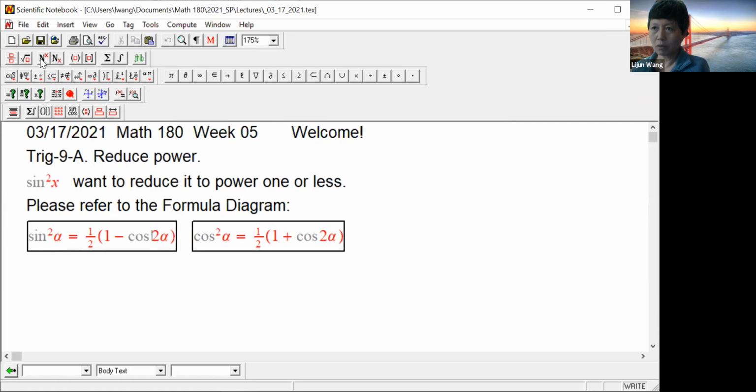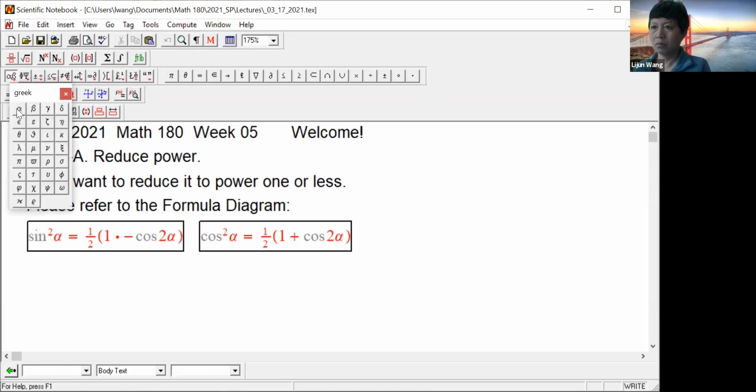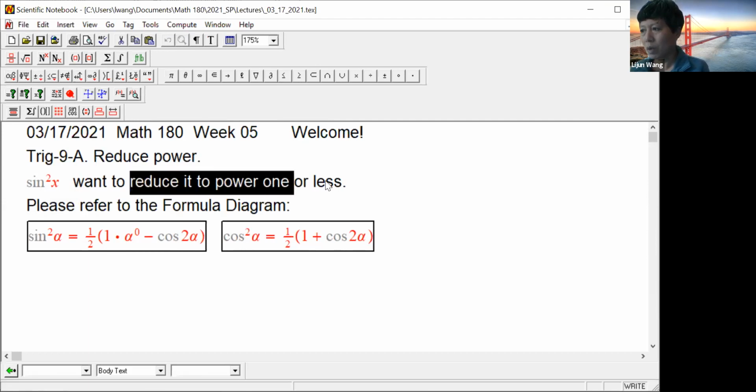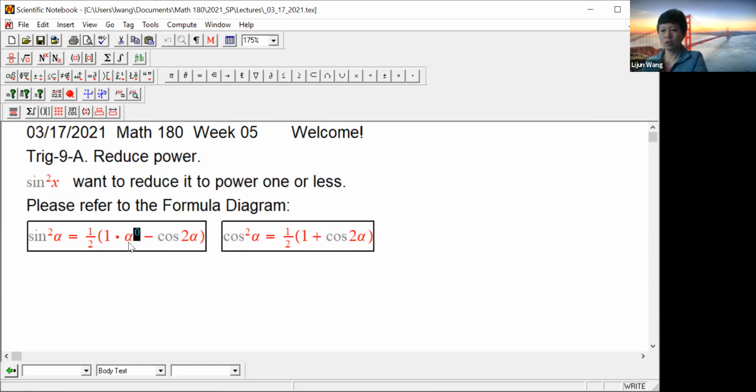Do you see that? So that's reduced to powers 1 or less. And of course, if power 0, it's that.